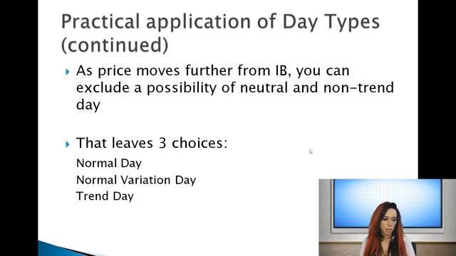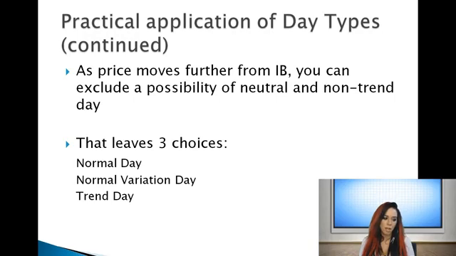As the day progresses, you can see the price continuing to move away from initial balance, and then you can make a further guess and exclude the possibility of a neutral and non-trend day, which really leaves you with three choices. So you have normal day, maybe you'll have a normal variation day, or possibly even a trend day.